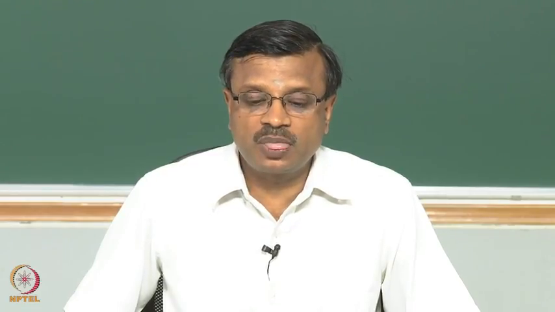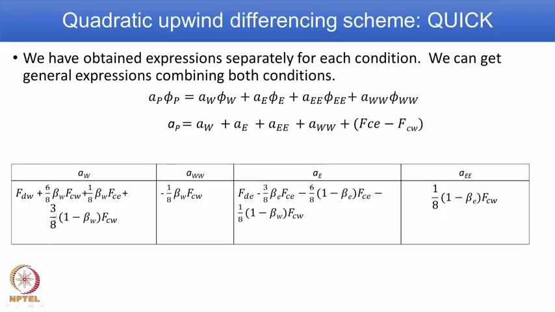Even if it is a QUICK scheme, switch between nodes according to the direction of the flow. To enable that, we have introduced a new coefficient, written here as beta. So, beta is a coefficient that decides the direction of the flow. Accordingly, the switching between the left side or right side will be taken.